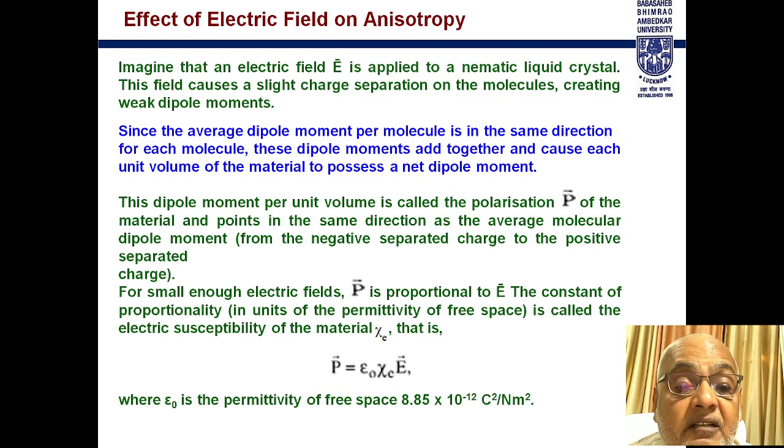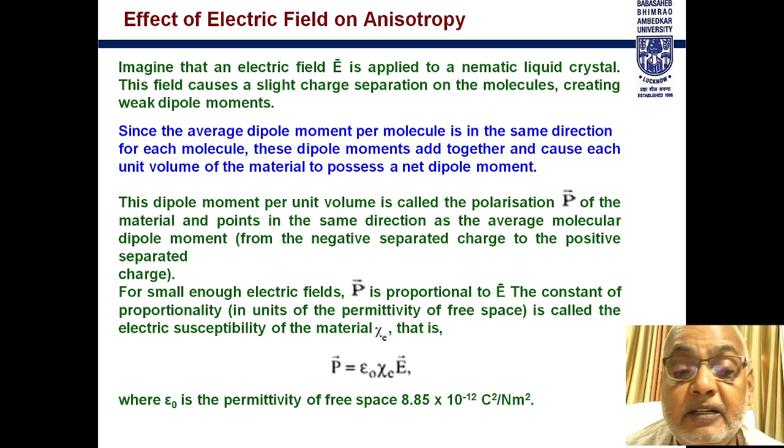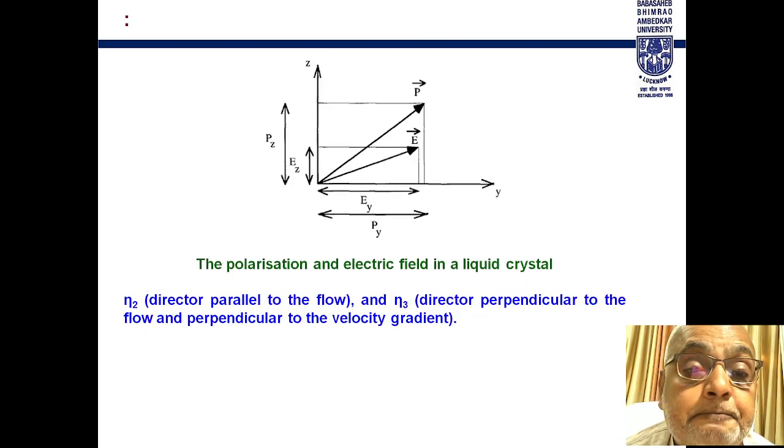For a small enough electric field, polarization is proportional to the electric field. The constant of proportionality, in units of permittivity of free space, is called the electric susceptibility of the material, chi e, that is vector P equals epsilon 0 chi e vector E, where epsilon 0 is the permittivity of free space, that is 8.8 times 10 to the power minus 12 C squared per N m squared.